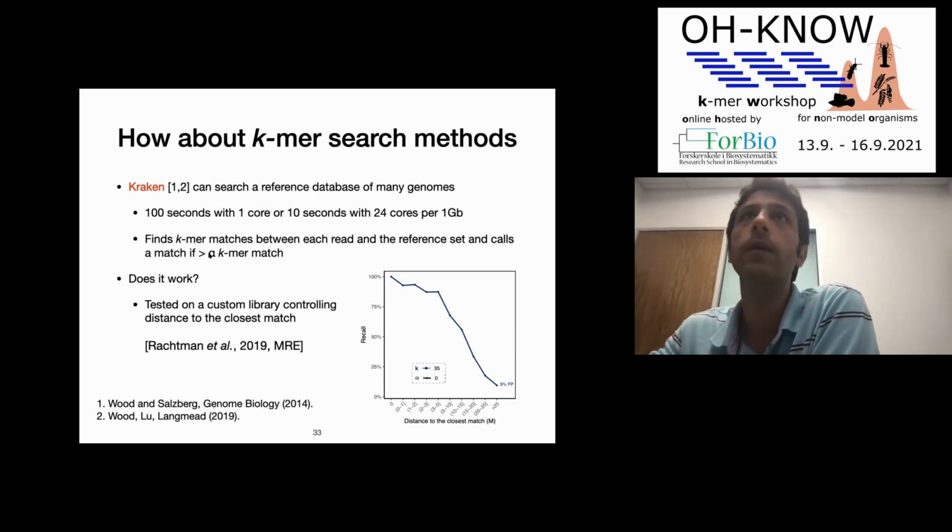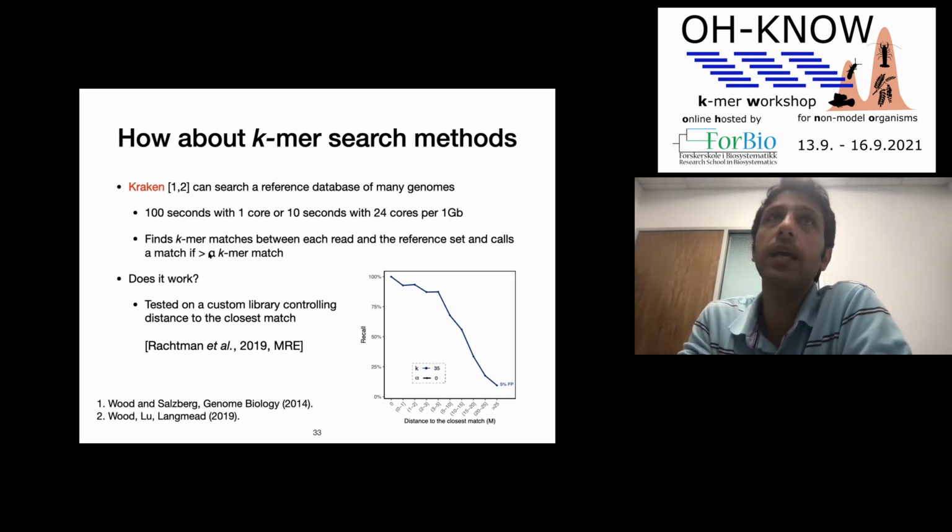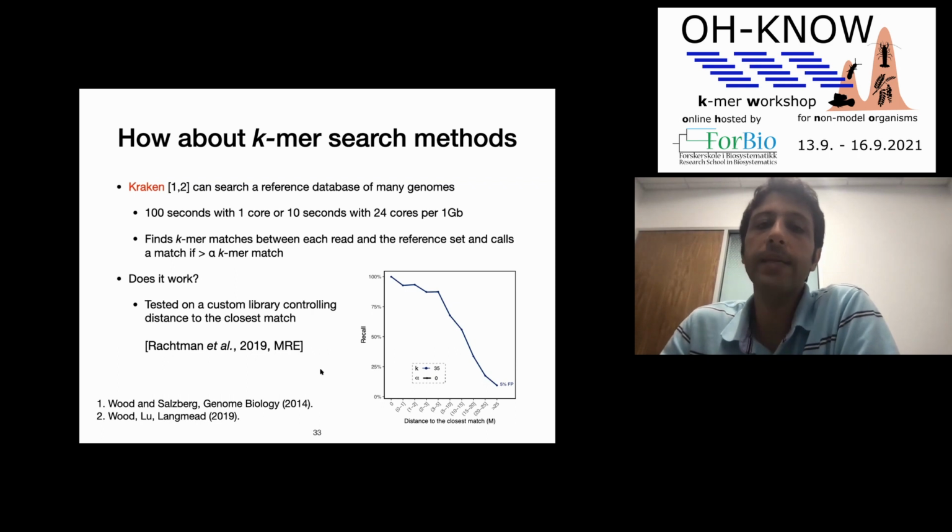That's the default setting, so we wanted to test this default setting for contamination removal. What makes this problem difficult is if you have contaminants that don't have a close match in the reference database. So we tried to simulate that.